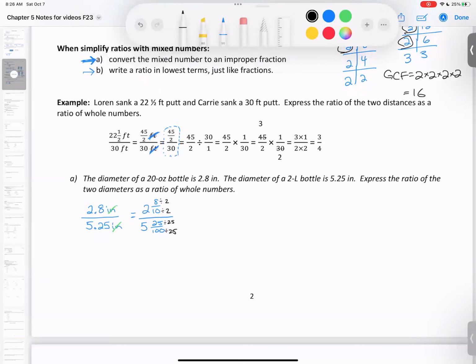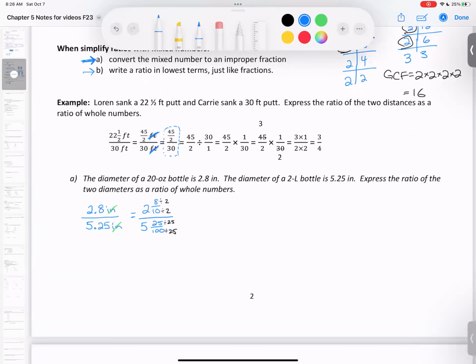So let's do that first, because that's going to give us 2 4/5 over 5 1/4. And some of you might have seen that 25 over 100 as 1/4 right away, just thinking about money, because if you have $1, that's 100 cents. A quarter of a dollar is a quarter, which is 25 cents.